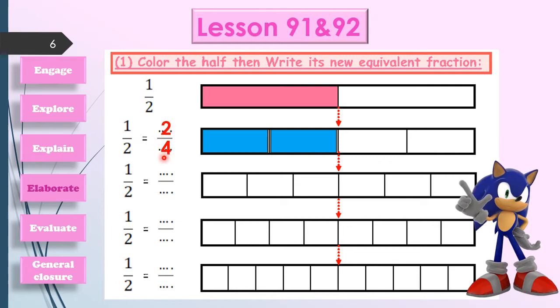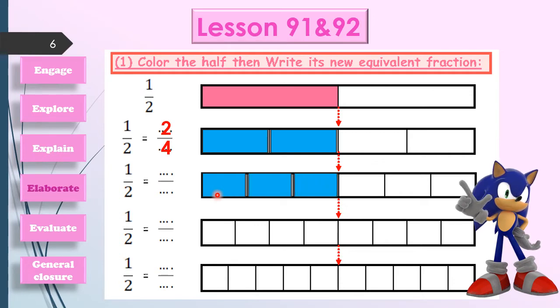Half equals 2/4. Next one, here we have the same fraction strip of the same size as the above one, and divided into 6 equal parts, and I want to color half of it until I reach this arrow as half of this one. Let's go and color 1, 2, 3.